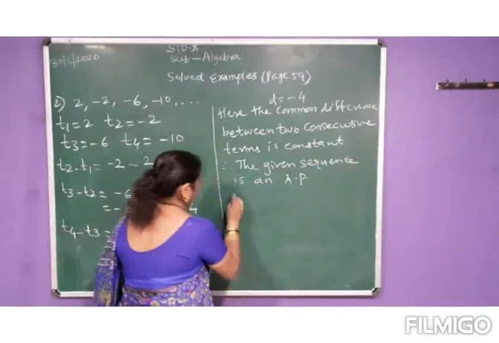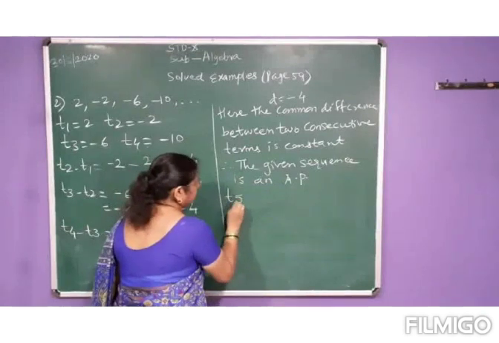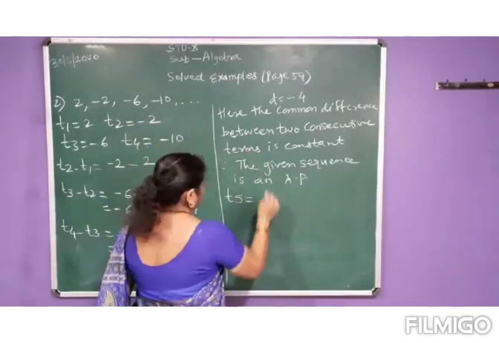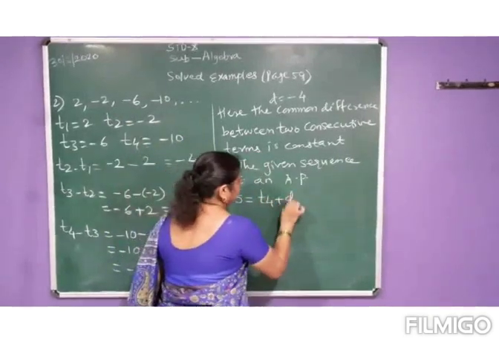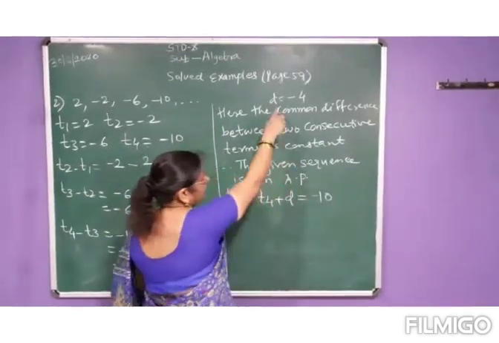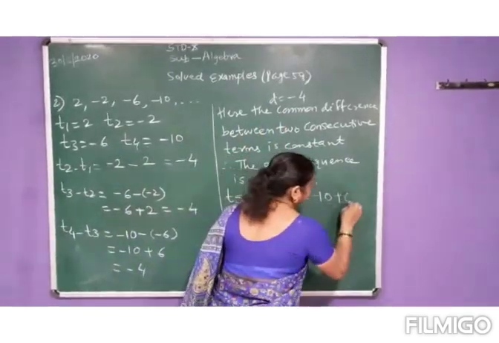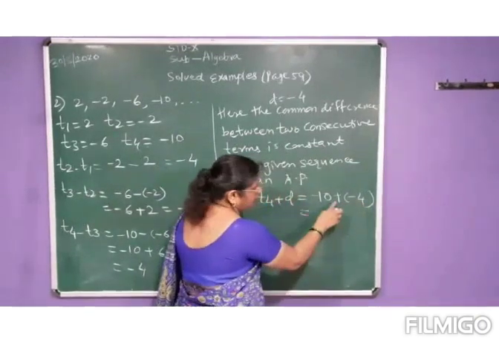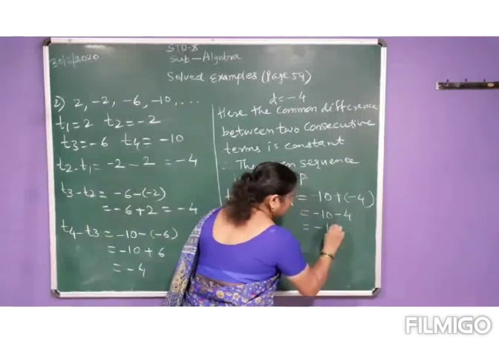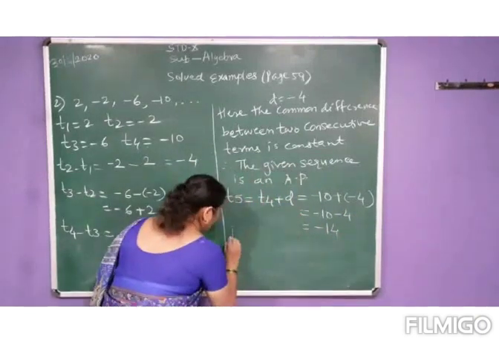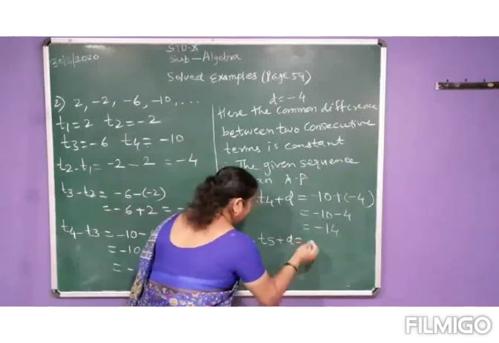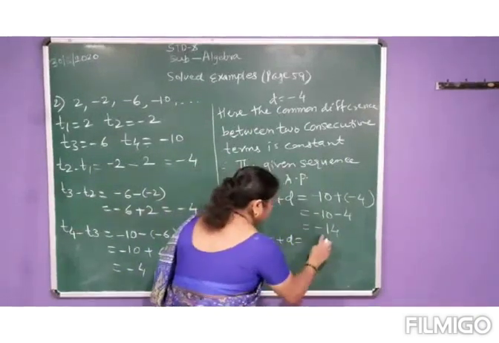Now, as it is an AP, we will find out the next two terms. T5 is equal to T4 plus D. Again here 4 terms are given. Here T4 is minus 10. And what is the common difference? Minus 4. So that we will add. Again now it is plus and minus. So again it will become minus. So minus 14. Then we will go for T6. T6 is T5 plus D. That means what we will do here?